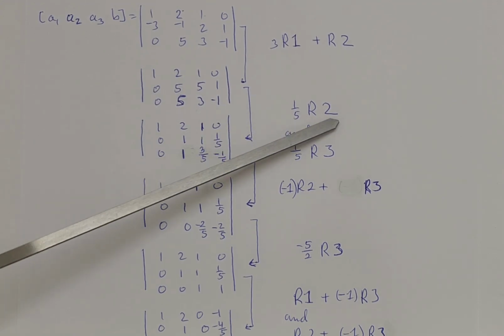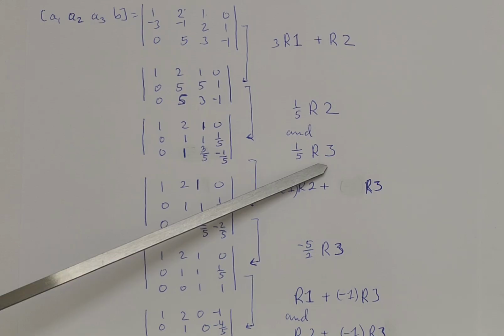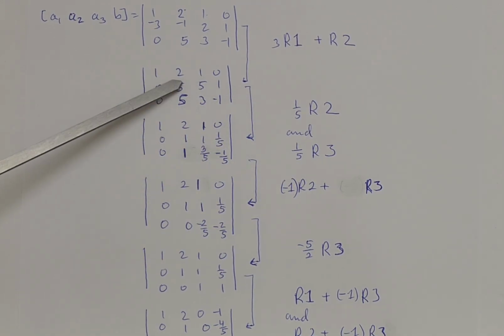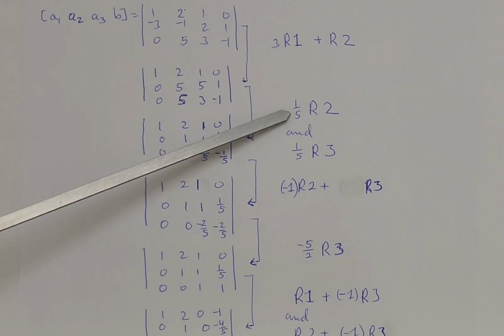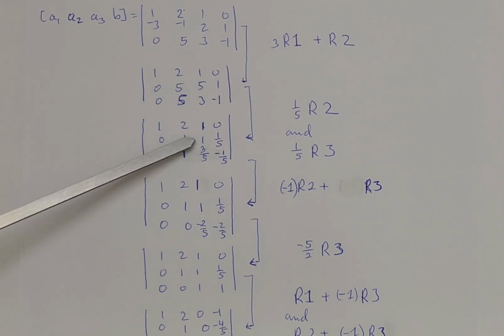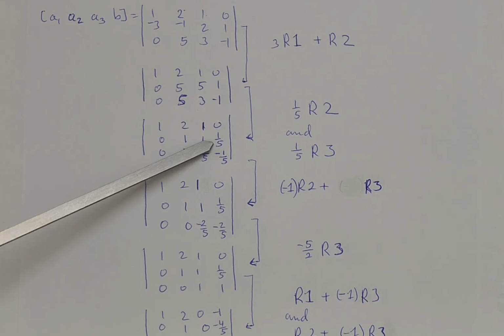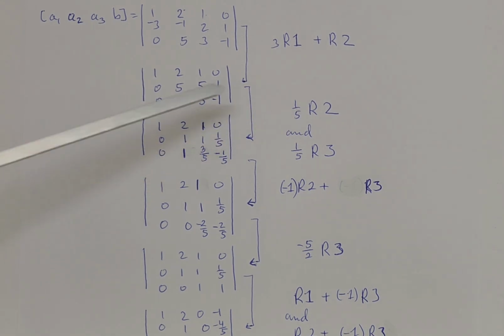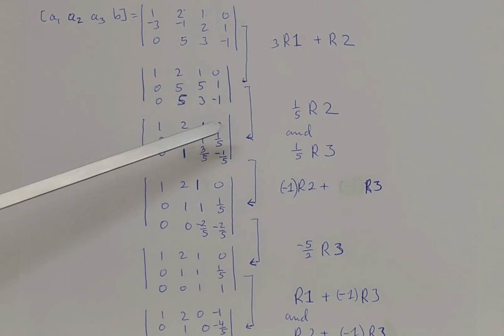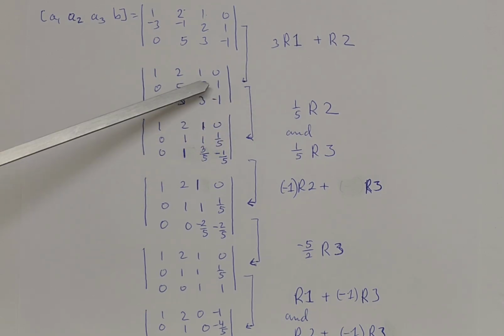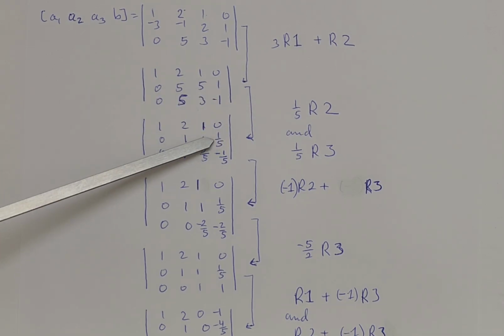So 1/5 R2, 1/5 R3. 1/5 times 5 gives me 1. 1/5 times this 5 gives me 1. 1/5 times 1 gives me 1/5.